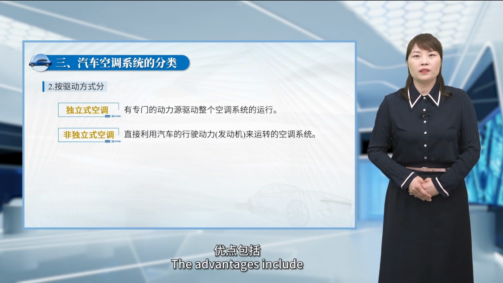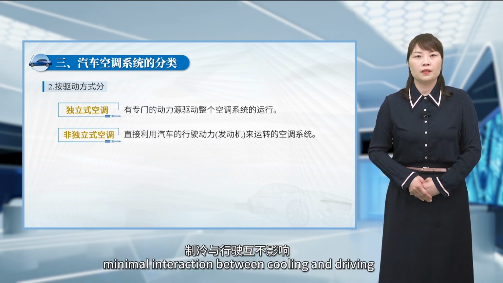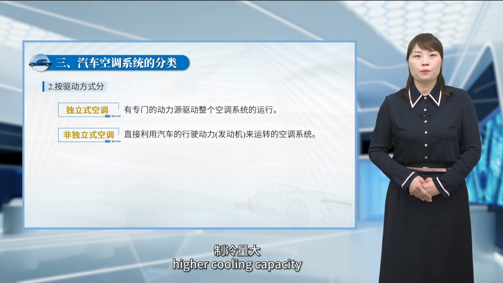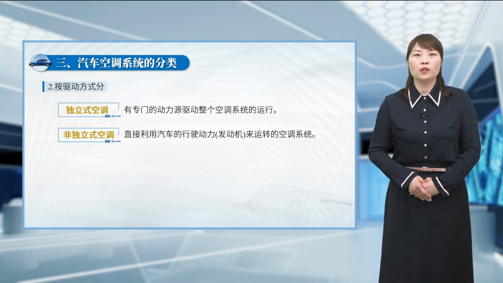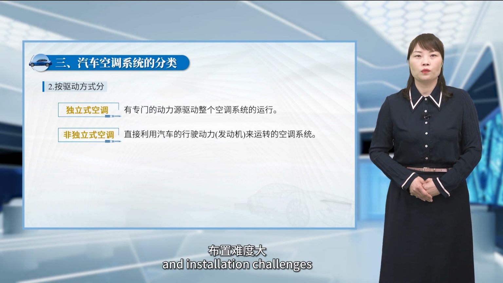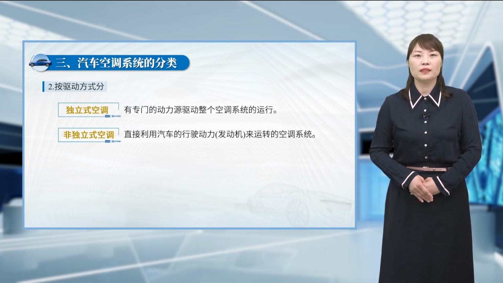The advantages include minimal interaction between cooling and driving, higher cooling capacity, and stable cooling performance. The downside is its complex structure, relatively high cost, higher noise levels, and installation challenges.